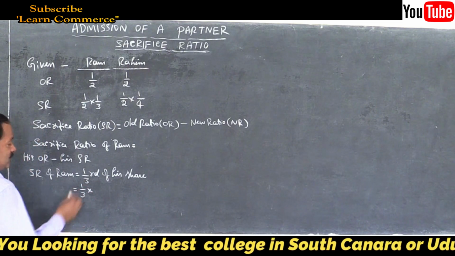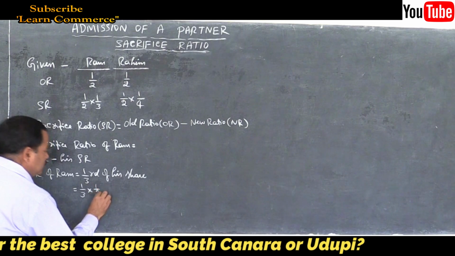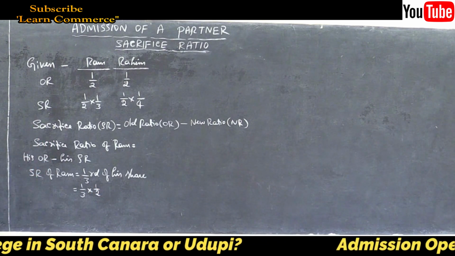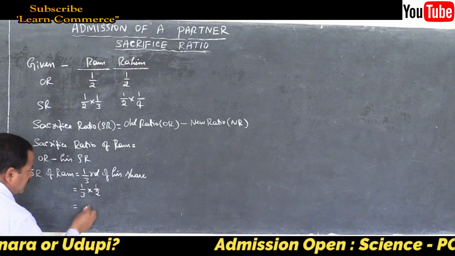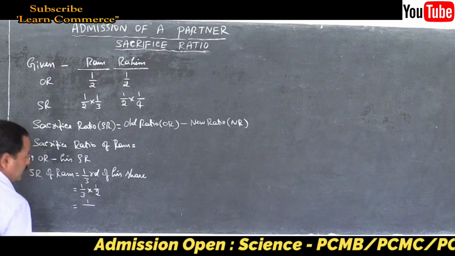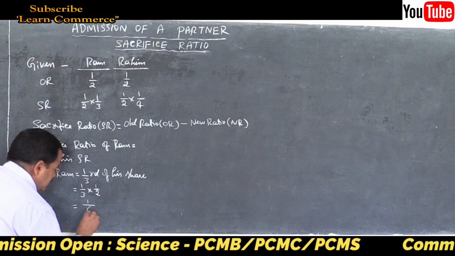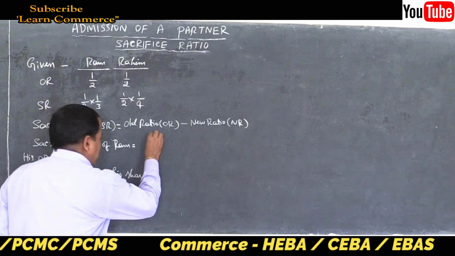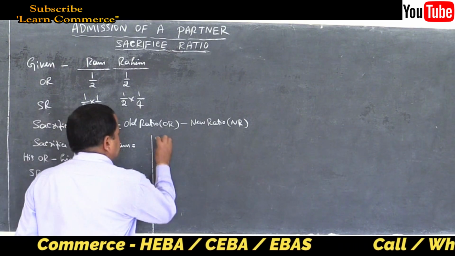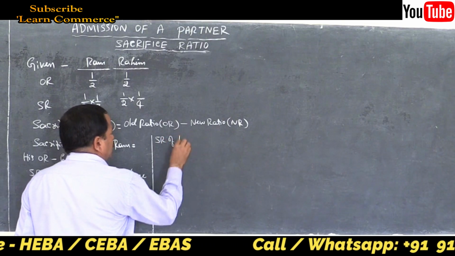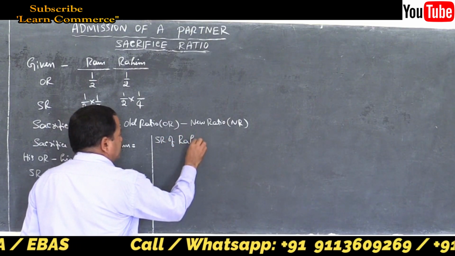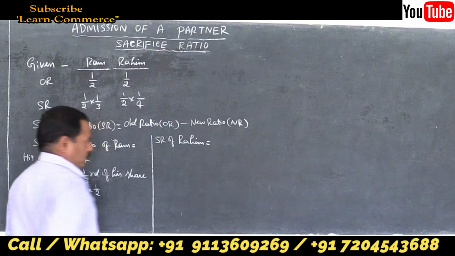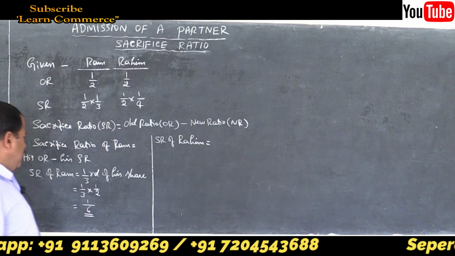Old share was 1/2. 1/2 is equal to, multiply the denominators and numerators. 1 ones are 1, 3 twos are 6, 1/6. We got the answer. And sacrifice ratio of Rahim is equal to how much?